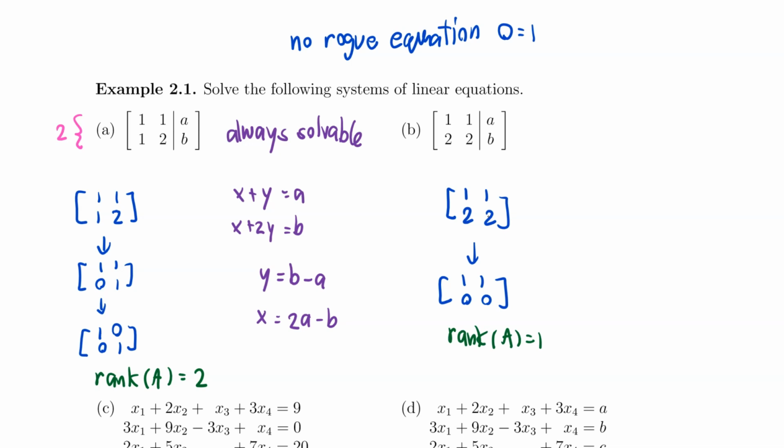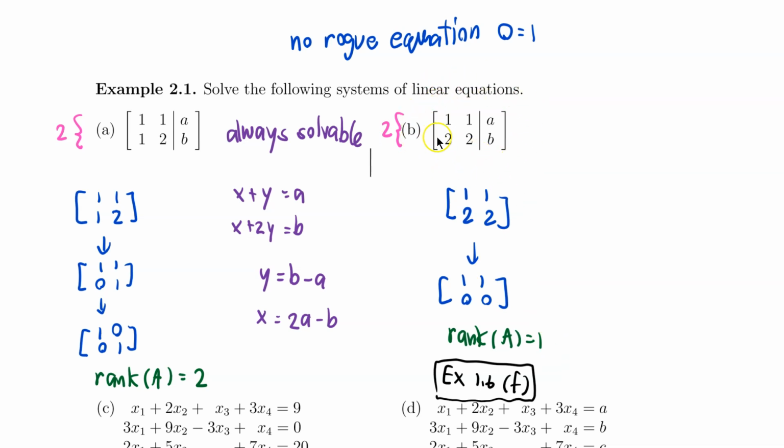We actually did this earlier, in example 1.6 part F, although it's easy enough to do by hand. So the rank of my matrix is 1, while my system has 2 rows. So this is not the same, and this one is not always solvable.